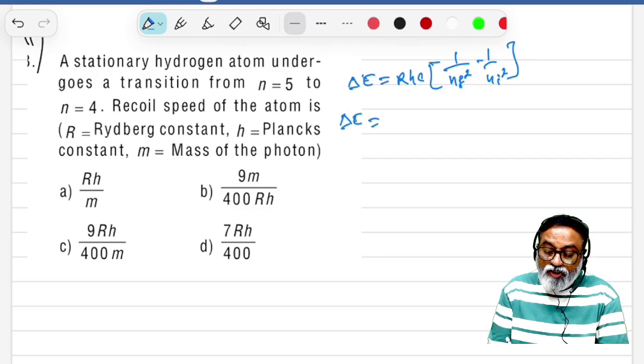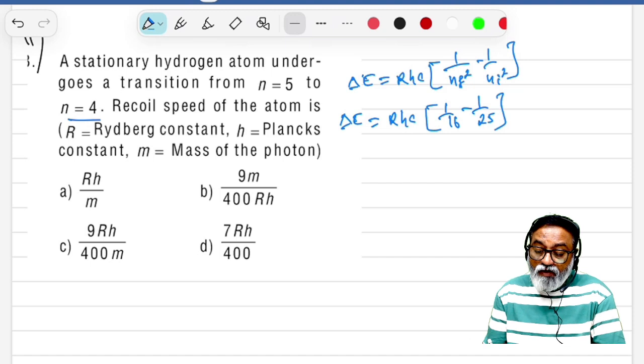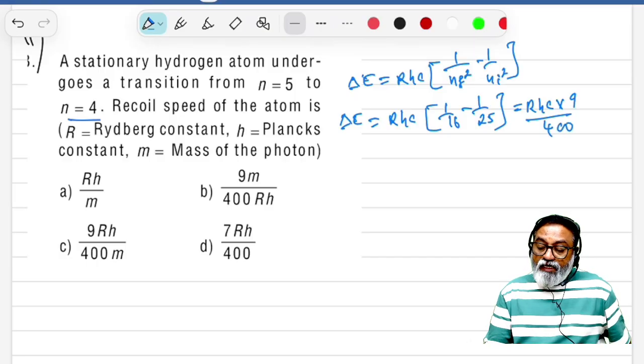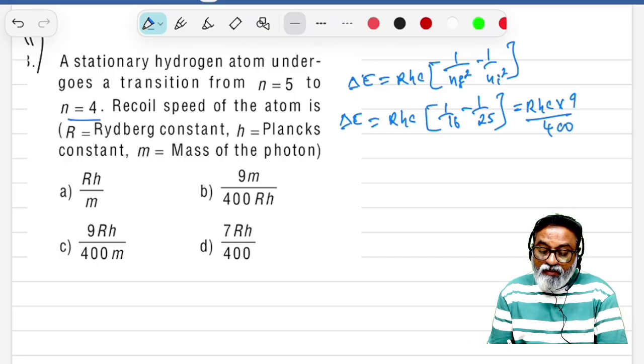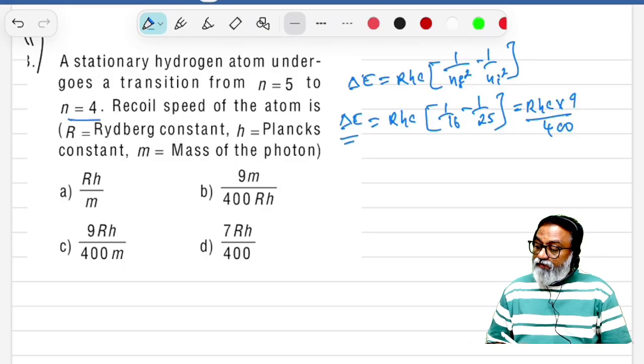Therefore, delta E is equal to RHC into (1 by 16 minus 1 by 25). This becomes RHC into (25 minus 16) by (25 into 16), that is 400. So 9 RHC by 400. This is the energy between levels 4 and 5.